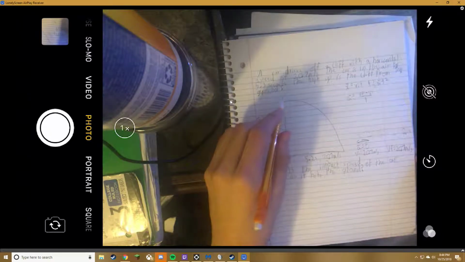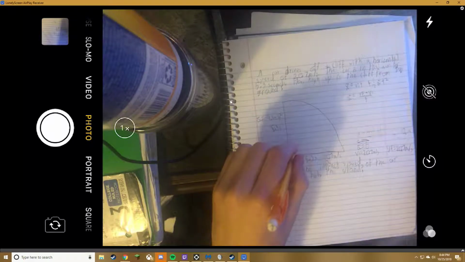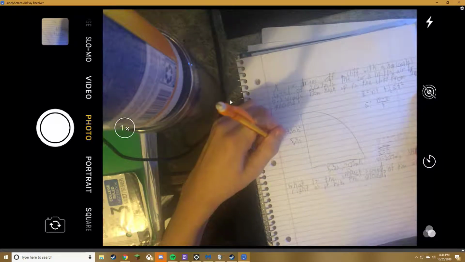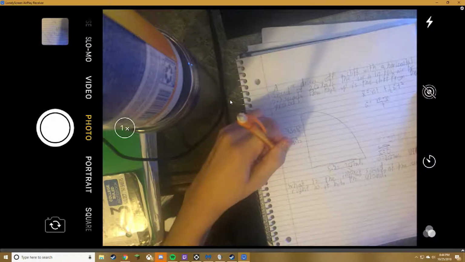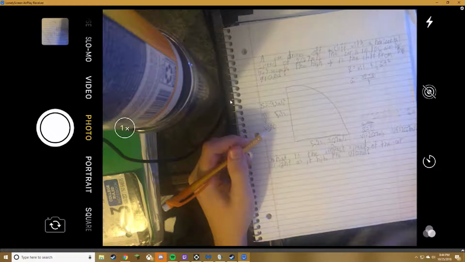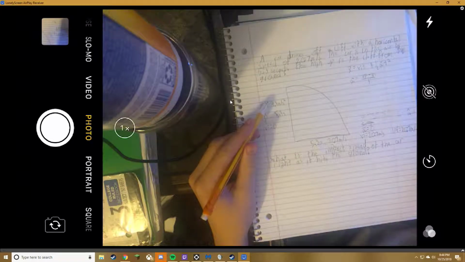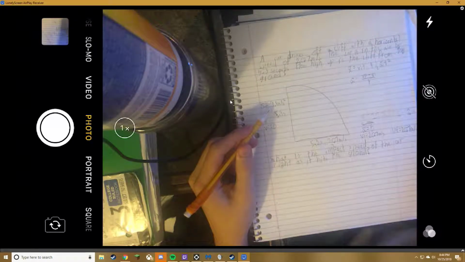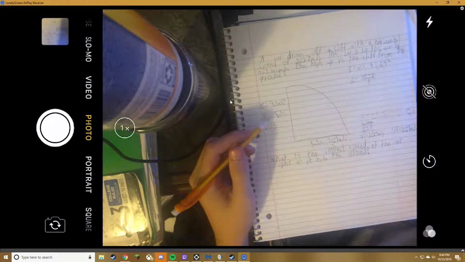Since it's starting at the top of the cliff and not going down until it leaves the cliff, vertically the initial velocity will be equal to zero. So we know time, initial velocity, and acceleration, so we can derive the final velocity from that.